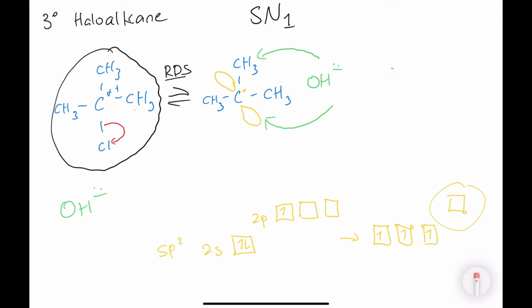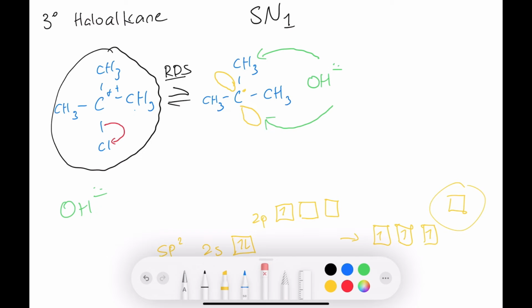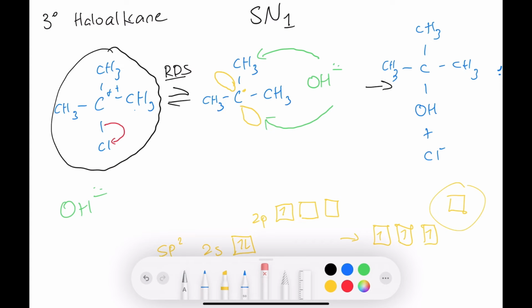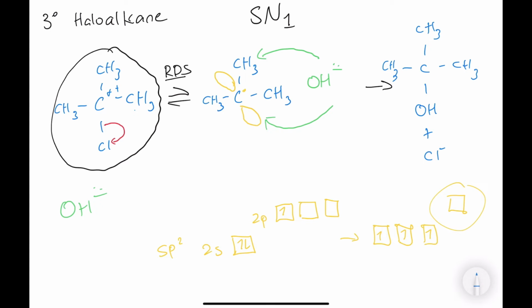And to draw the final molecule, it could look something, I mean, it's 50-50, so anything could happen, but I'll just draw it down here. And yeah, then the nucleophile takes the place of the halogen, hence the name nucleophilic substitution.